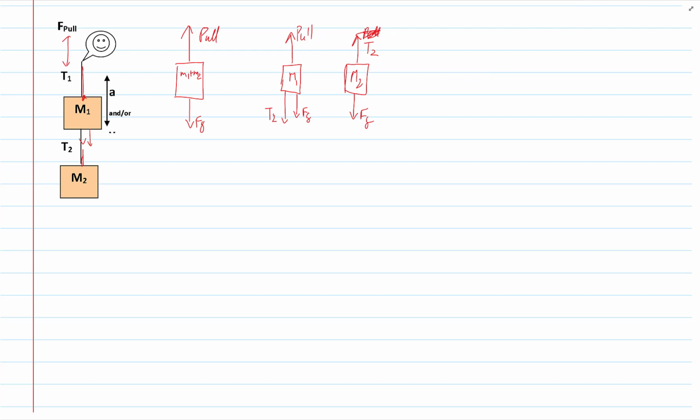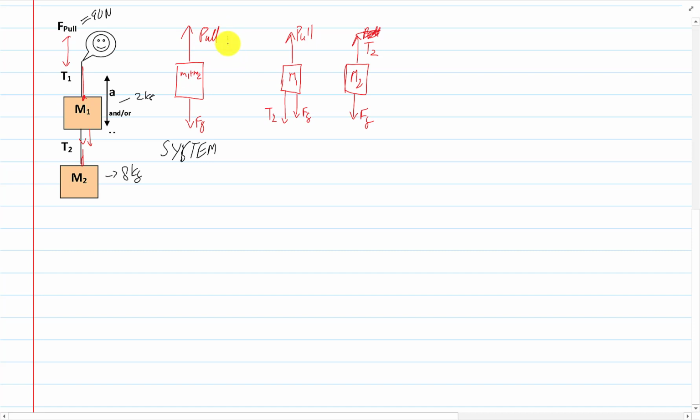Okay, let's put some numbers in here and see how it all works out quickly. Let's just say you're pulling with 90 newtons, and this guy's mass is again 2 kilograms, and this guy's mass is 8 kilograms. So if we look at the system here, why do I call it the system? Because we're just combining all the masses into one object and making it just a pull.